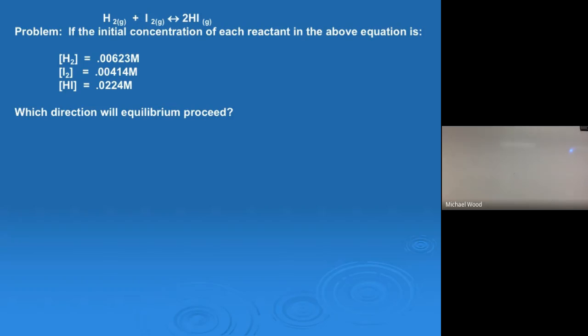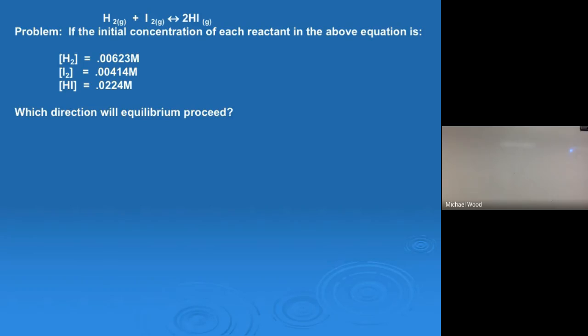The question here is, which direction will this proceed? This is a Q problem. And ask, is this at equilibrium, or which direction will this proceed?